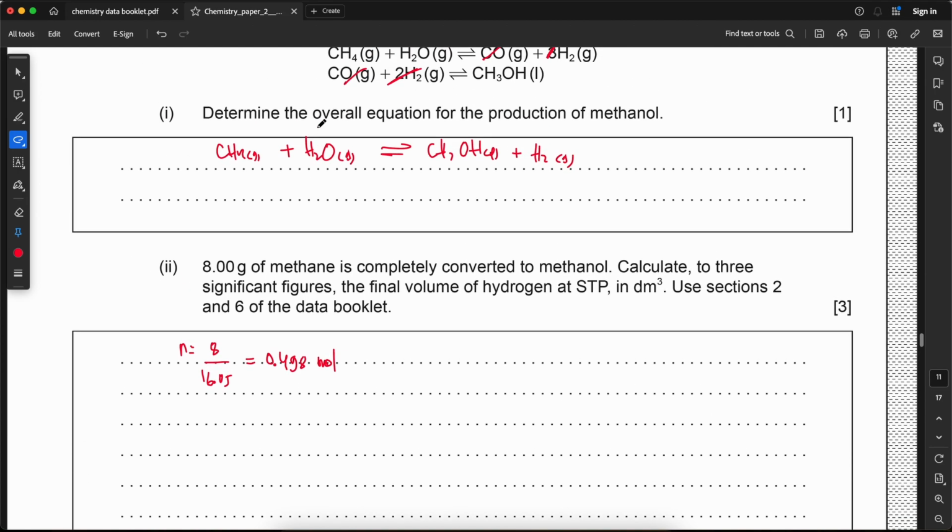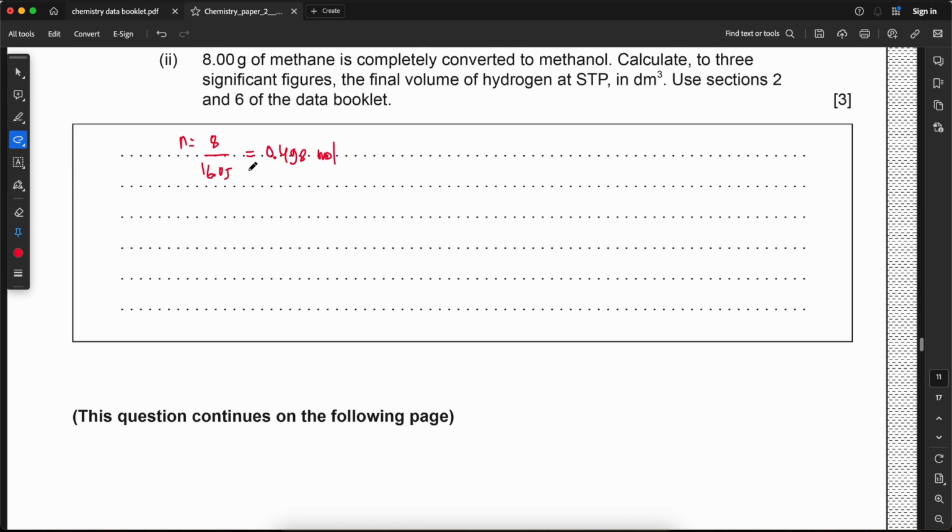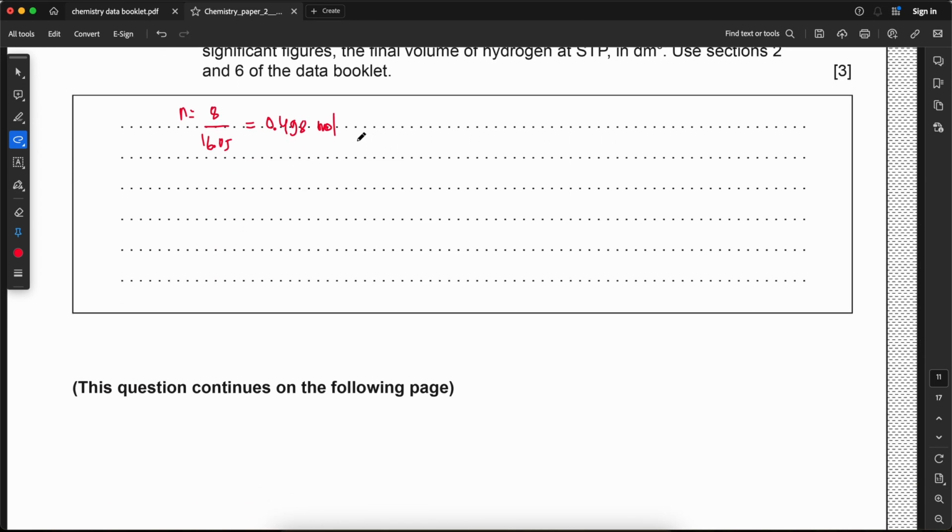From this equation, we can see the coefficient of hydrogen and methane are the same. Therefore, the mole of hydrogen is also 0.498. To calculate volume is n times Vm, molar volume. The mole is the same, and you just need to times 22.7 decimeter cube per mole. Then you will get 11.3 decimeter cube.